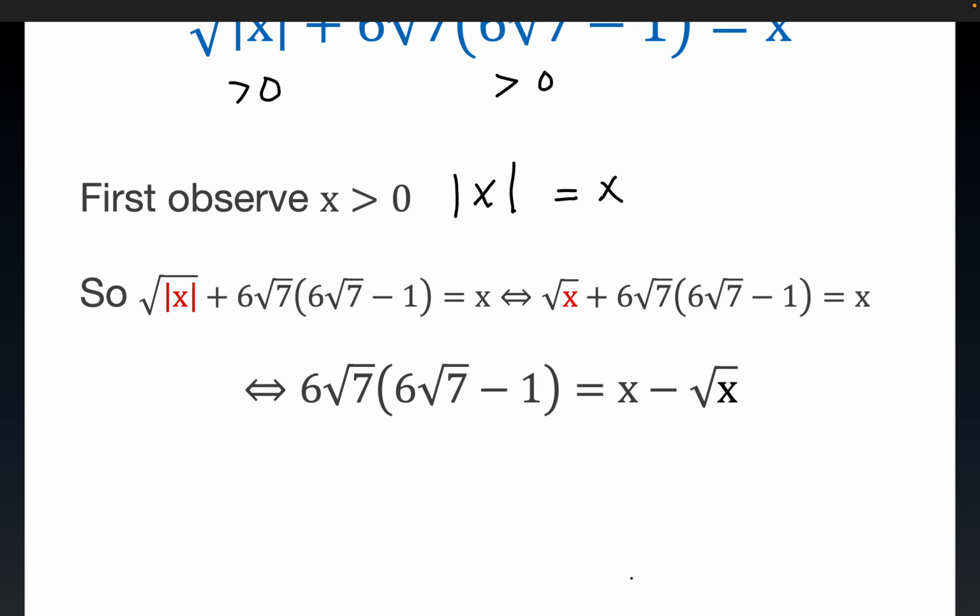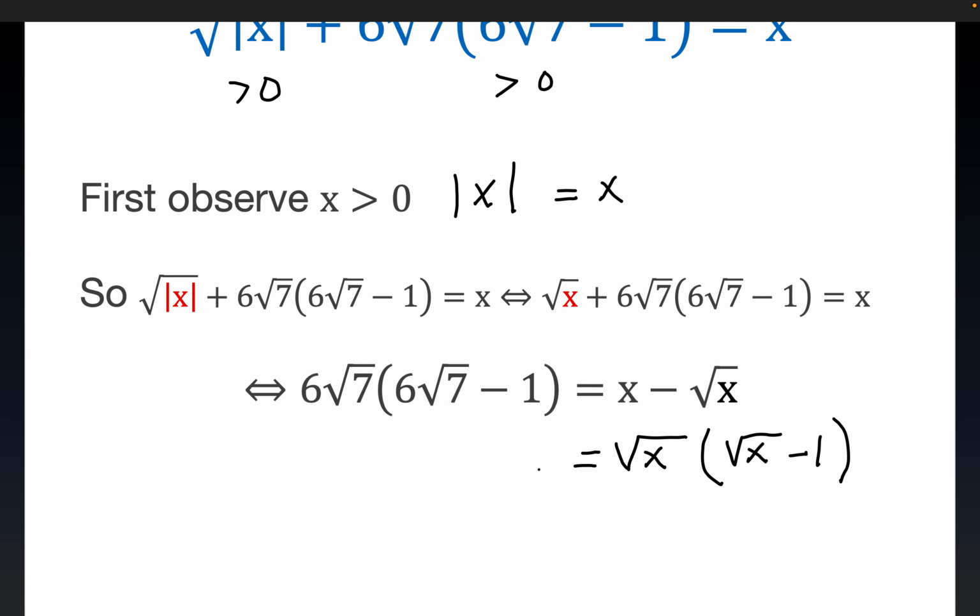Notice that this is equal to the square root of x times the square root of x minus 1. It's so easy that it's hard, I guess, in a manner of speaking. I just know that the multitudes would be squaring right here, but there's no need to. You can just factor out the square root of x and you get this, right?